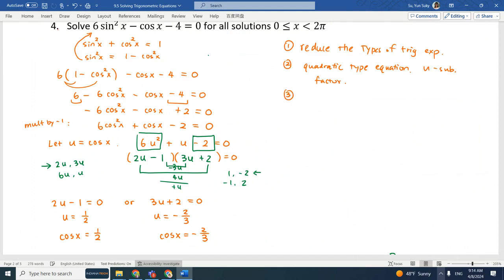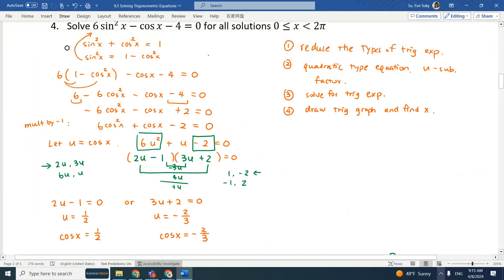So finally we can solve for the trig expression. And last step, we need to draw the trig graph and we need to find the x. So you can imagine it's like 4 steps.